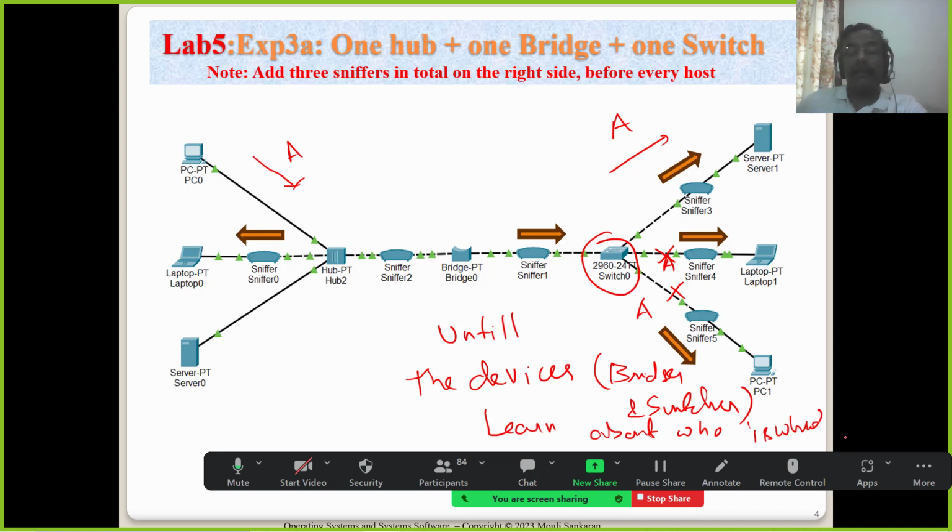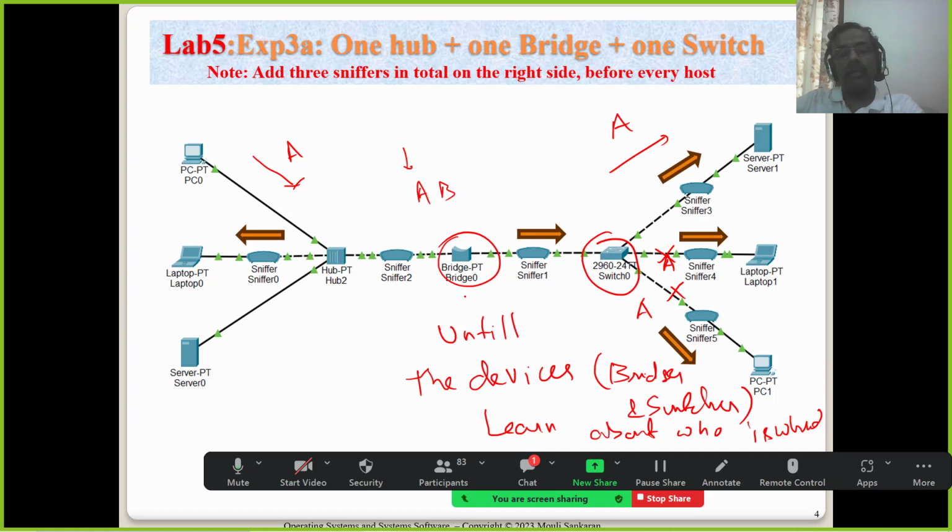What I mean by that: initially, like all of us when we are born, maybe through genes we got some knowledge, but still we start learning from ABCD only, right? Even in the next birth, we will start again from ABCD, not because we learned earlier in the previous birth that I should start from BE or MTech or PhD. No, you have to start from first standard.